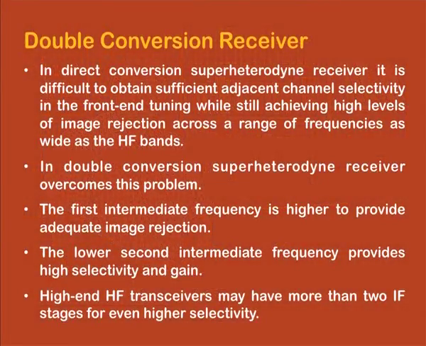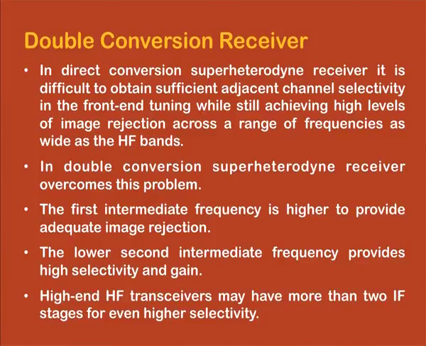So, going from a single conversion superheterodyne receiver to a double conversion heterodyne receiver has a disadvantage in that more hardware is required, but it has the advantage of better image rejection as well as better selectivity.